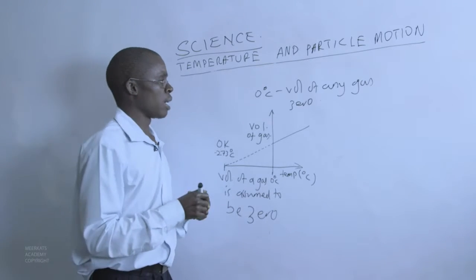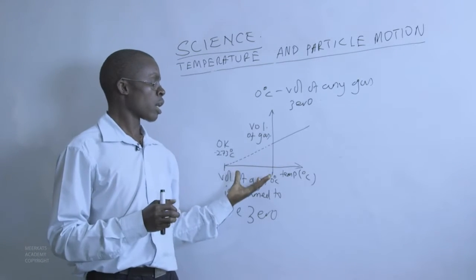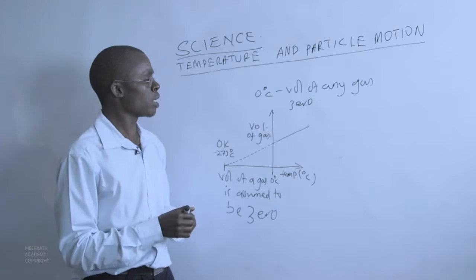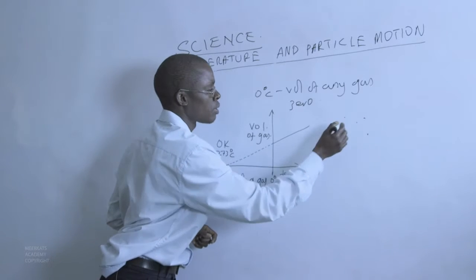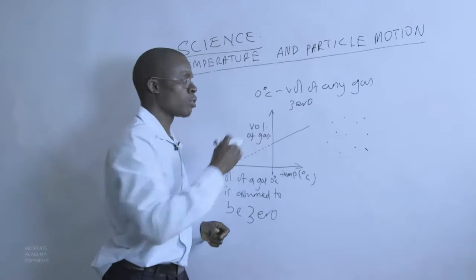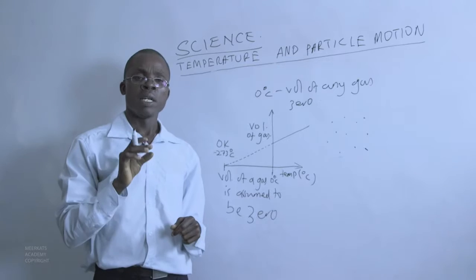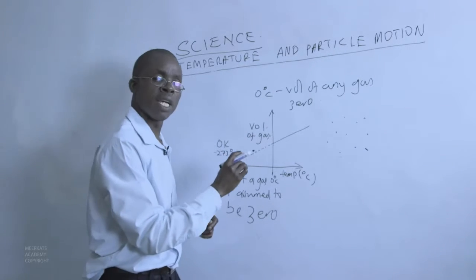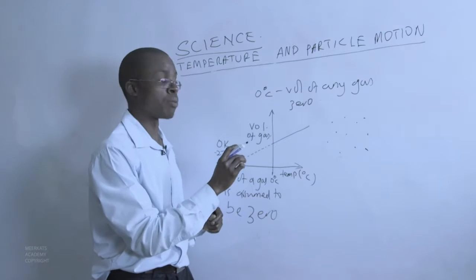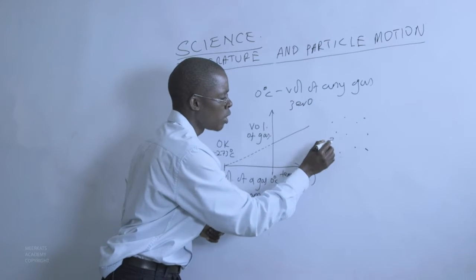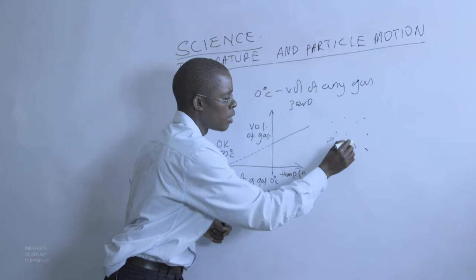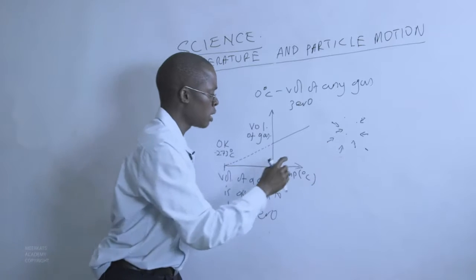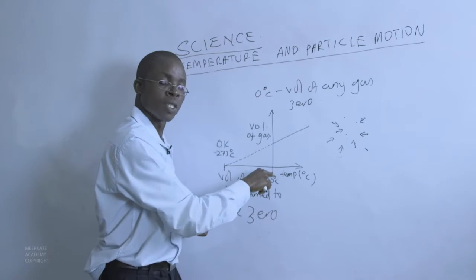So, looking at a gas, because this one can only be explained using a gas, where the particles were far apart because of very weak forces holding them, as you reduce the energy in them by reducing the temperature, the particles start moving closer to each other, meaning that you are reducing the volume.